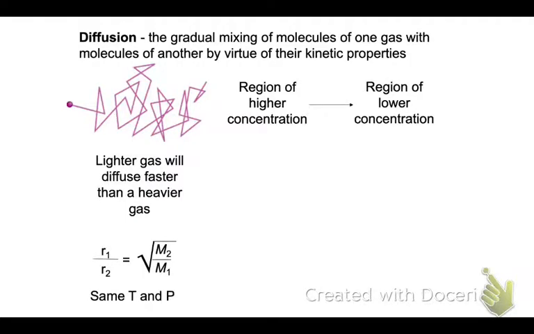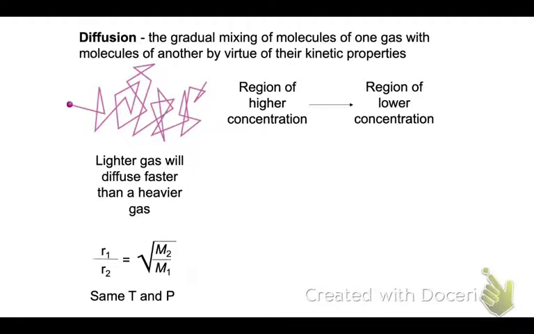Now, remember that R1 over R2 will be equal to the square root of the molar mass of 2 over the molar mass of 1. So where is that coming from? I'm going to remind you of this so it doesn't make any confusion. We said that R1 is the root mean square speed, right?